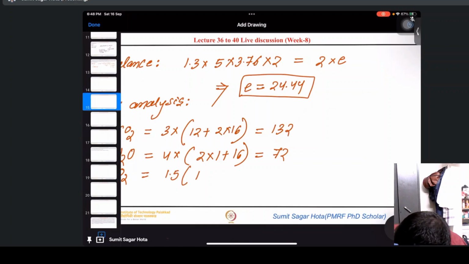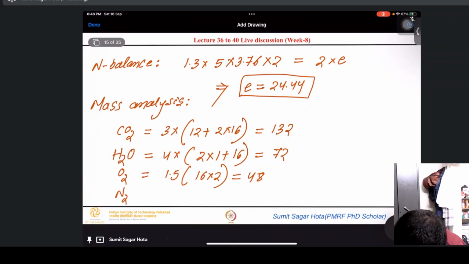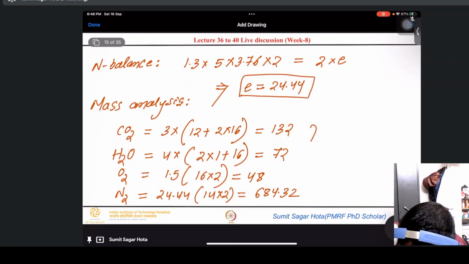O2 is 16 into 2, so you get 48. And for N2, 24.44 moles, 14 into 2, so you get 684.32.